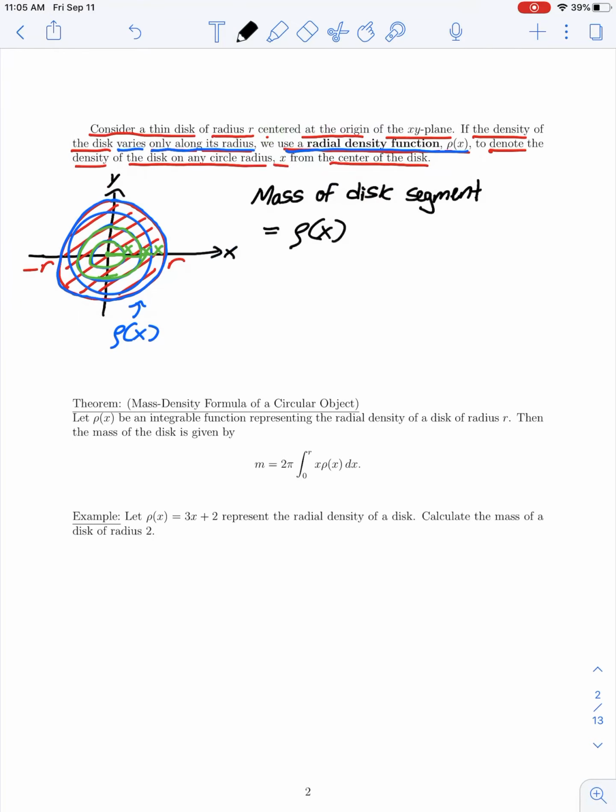Now, the circumference of such a circle would be given by 2 pi times the radius of that circle, which is what we were calling x. X is the radius of these circles as we're moving outward from the origin.